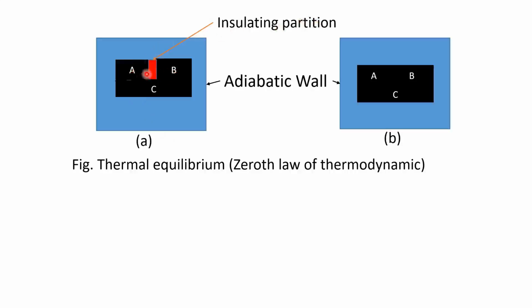These two systems or two bodies are separated by an insulating portion. And system C is in thermal contact with system A and system B, and this system is enclosed by adiabatic walls. And figure B shows that the insulating portion is removed, and systems A, B and C are in thermal contact with each other.